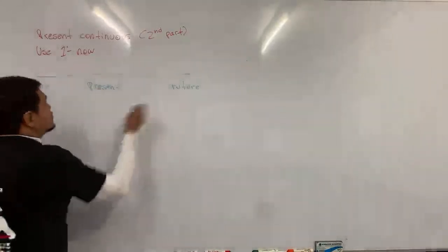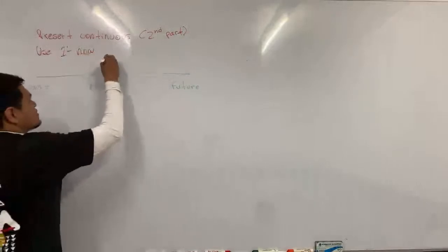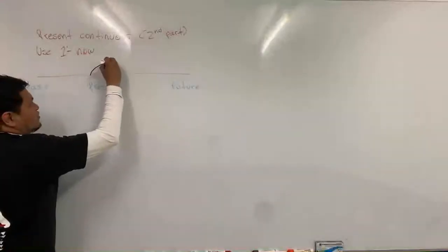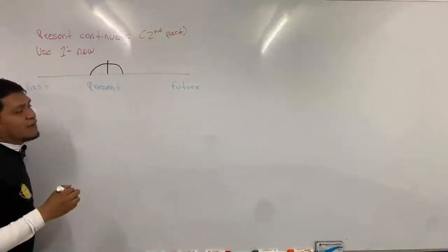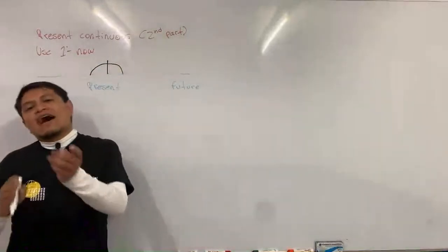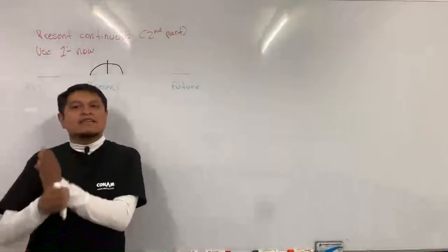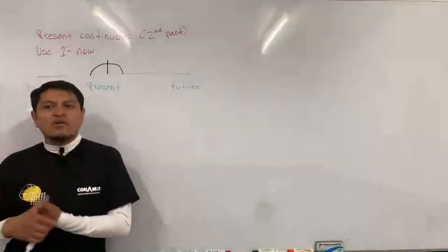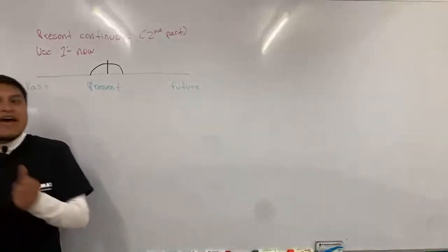Past, present, future. For now, it's like this: right now, things that are happening in this moment. For example, you are learning English now. You are not swimming now.